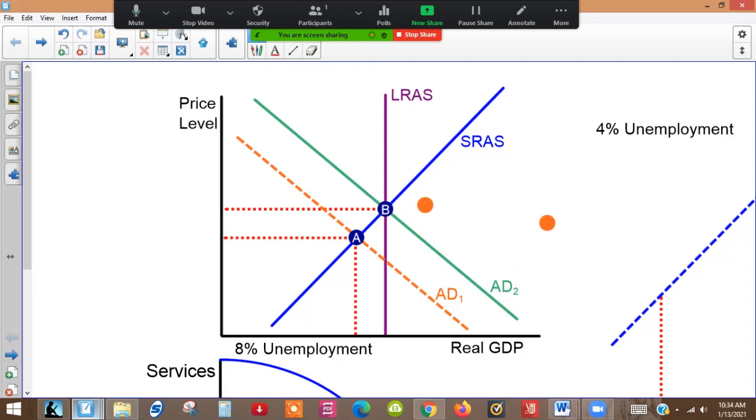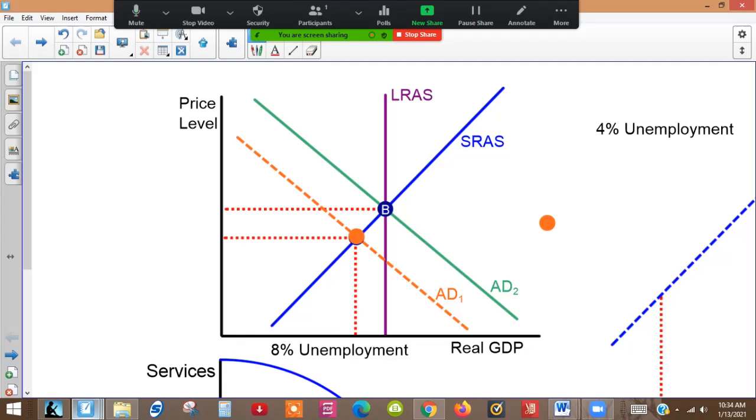Now the question is, what has happened to the buying power of the consumers, or the workers, or the labor that had jobs at point A? Because when you think about this, if we are at 8% unemployment at point A, that means 92% of the workforce has a job.